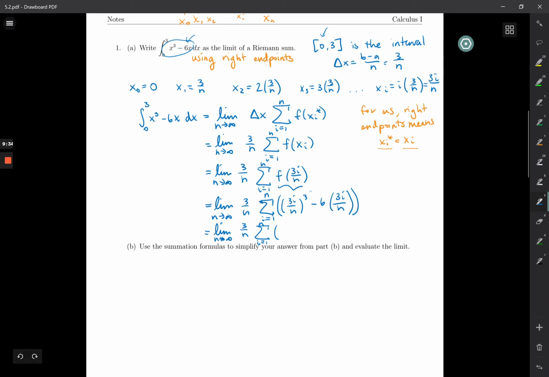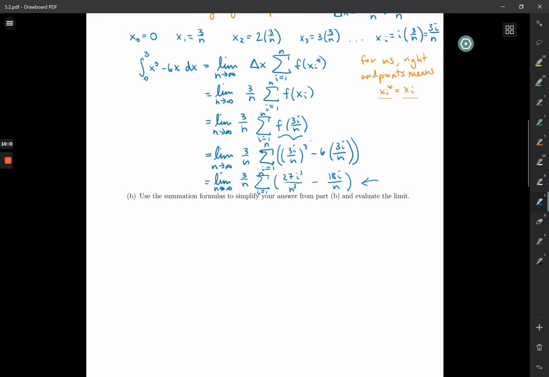Here we have 27, so 3 cubed times i cubed over n cubed, minus 18i over n. So that is going to be our answer, nicely simplified and ready to take the limit, right?